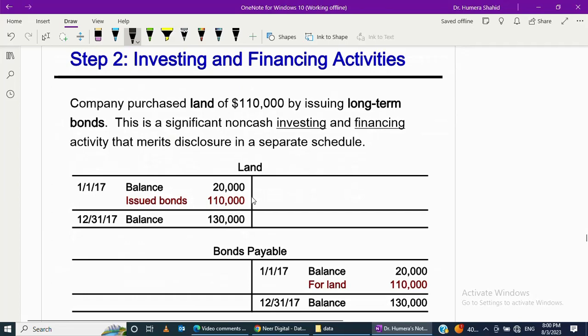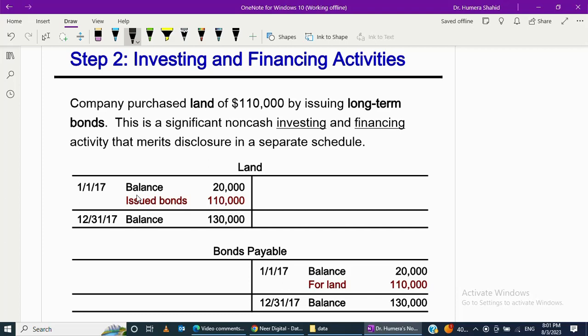Let's move on towards the second step of preparing the cash flow statement, that is investing and financing activities. So in the balance sheet, go back to the balance sheet, check, you have land, and land is increasing with 110,000. But as I was reading the notes for you, I told you land was purchased by issuing the bonds.